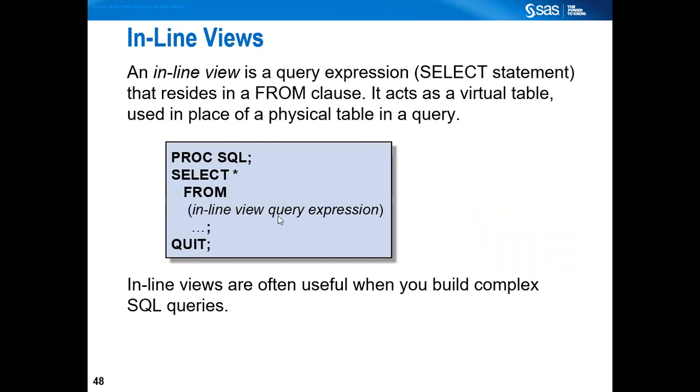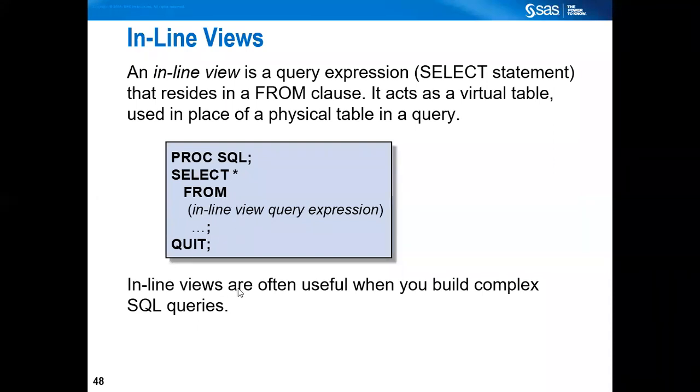A view is nothing but a concept where you simply write code and use that code to be executed during your query as a virtual table, because that code will create a table and that virtual table will be used as an input table. Hence that code is called a view. And because it's written in a from clause, it is termed an inline view.